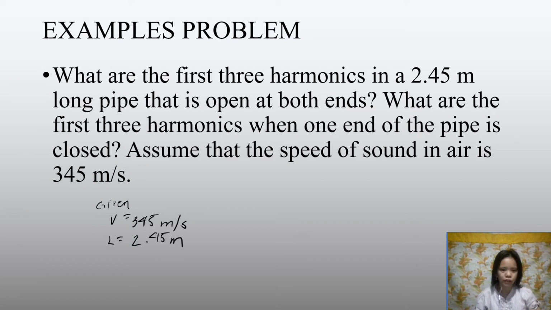So our unknowns would be, in case 1, F1, F2, F3. And in case 2, wherein one end of the pipe is closed, also F1, F2, and F3.